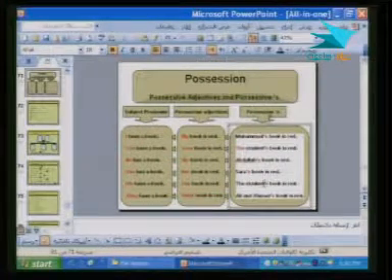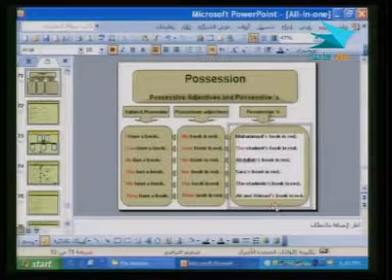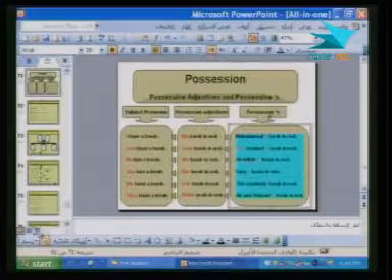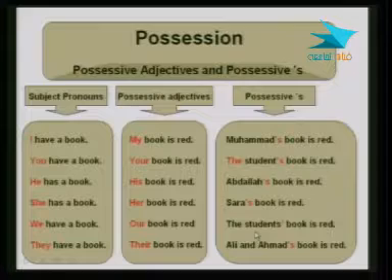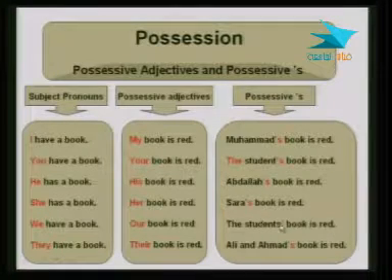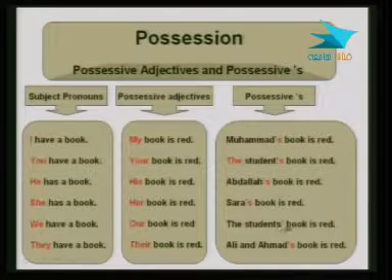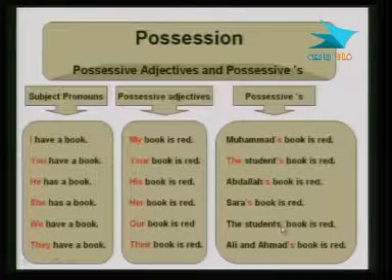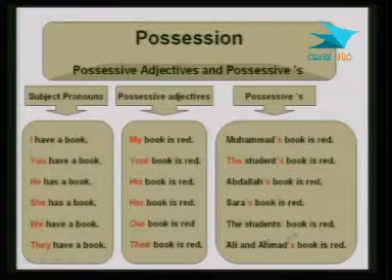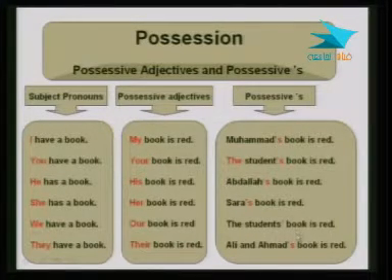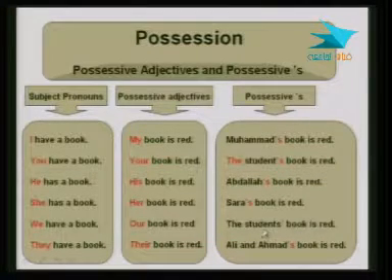You'll see the difference here. Because it's plural, we do not add another S, right? We say the students, and we add the apostrophe only, and then the thing that belongs to them, like the book. The book belongs to the students, and the noun here is plural.